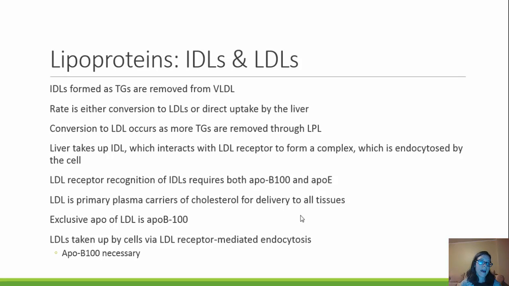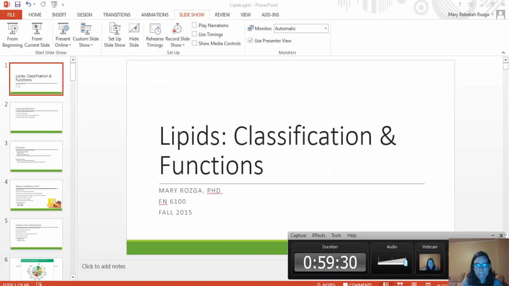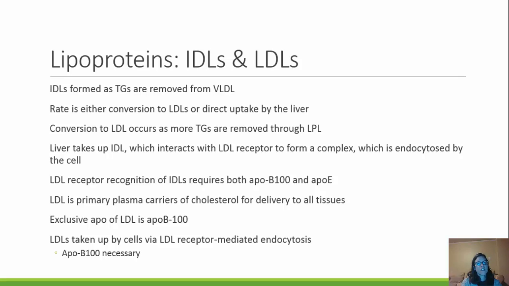Okay, so the IDLs are removed from VLDLs, and their fate is either removal by the liver or conversion to LDLs. So we have VLDLs, our triglycerides are removed, it becomes IDLs, and as more triglycerides are removed from IDLs, they become LDLs.